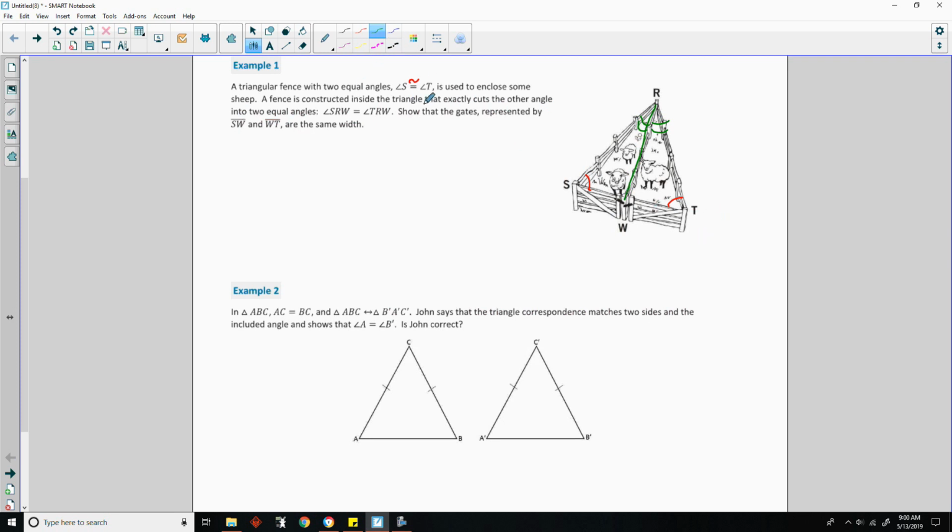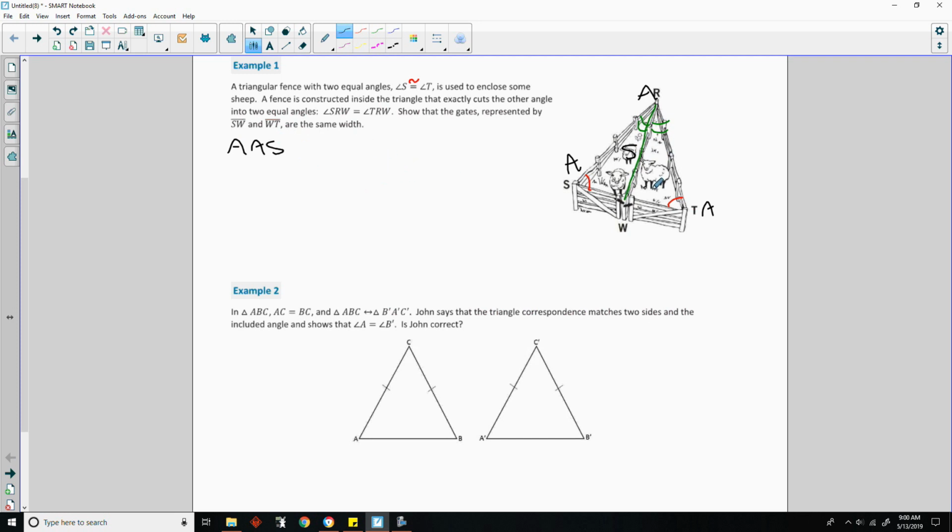Okay, so they told us we are given two angles. So this is an angle and this is an angle, and we also have this fence that shares a common side of each triangle. So since I have an angle, side, angle, the two triangles are identical by angle side angle. Or you could say two angles and a side opposite a given angle.